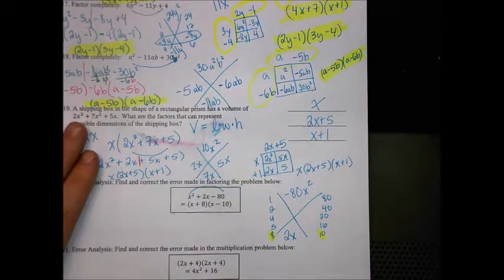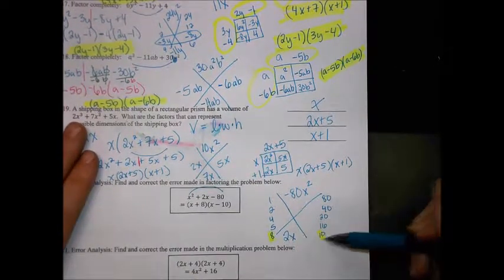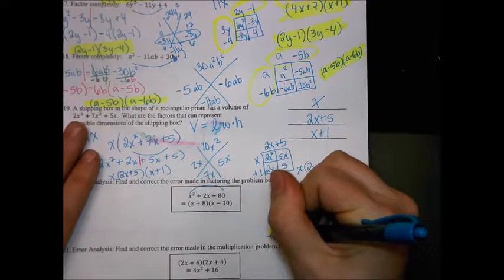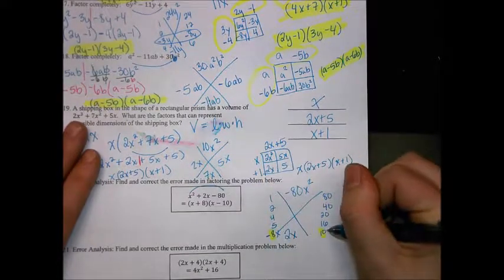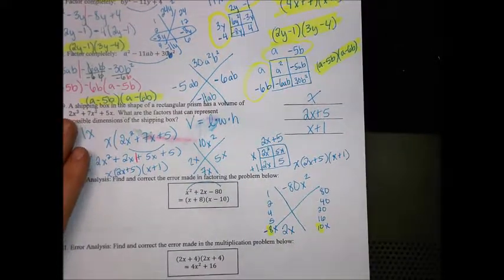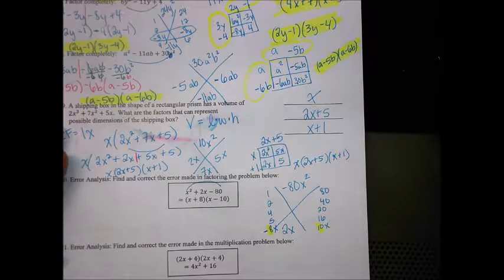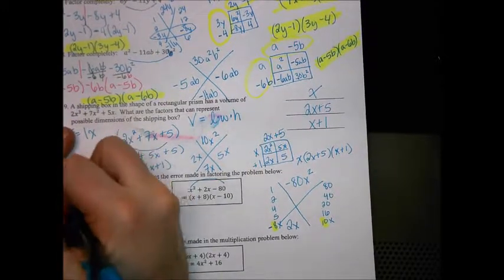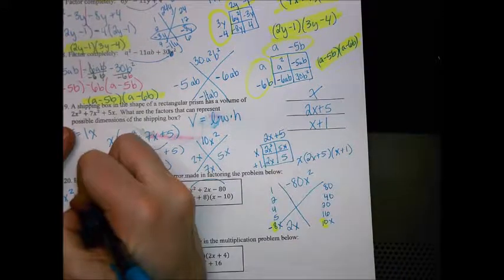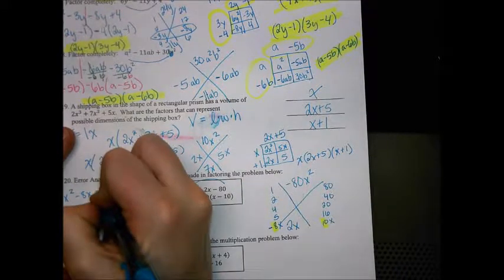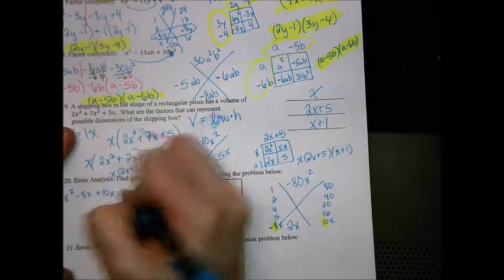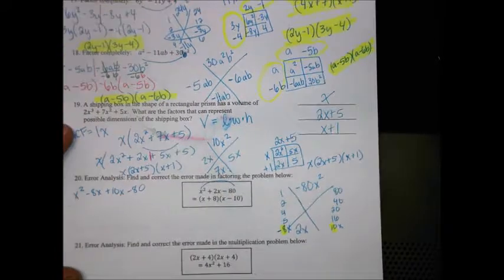So in order to get a positive number, I want my bigger number to be positive. So that's negative 8x and positive 10x. So I'm going to factor by grouping to x squared minus 8x plus 10x minus 80. I split these.